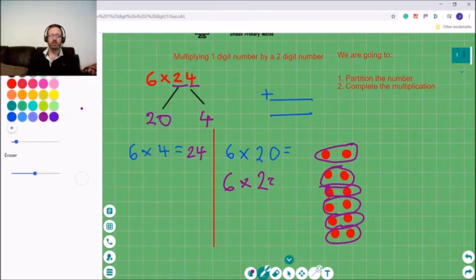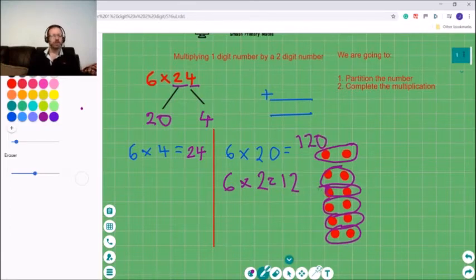So 6 times 2 is 12. Now this is where we're going to be thinking about our related facts. So 6 times 2 is 12, 6 times 20, well 20 is 10 times bigger than 2, so our answer has also got to be 10 times bigger than 12. So 6 times 20 is 120.